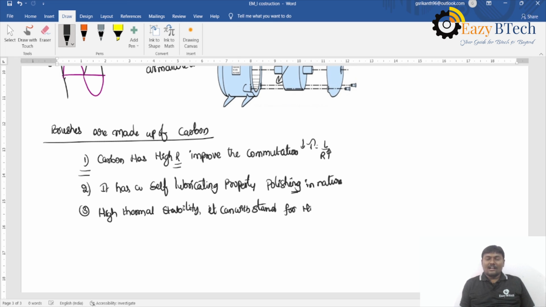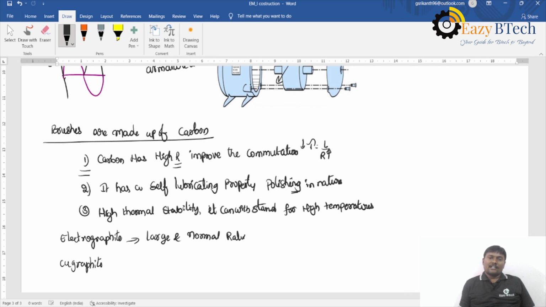And one more thing, it has high thermal stability, that means it can withstand higher temperatures also.